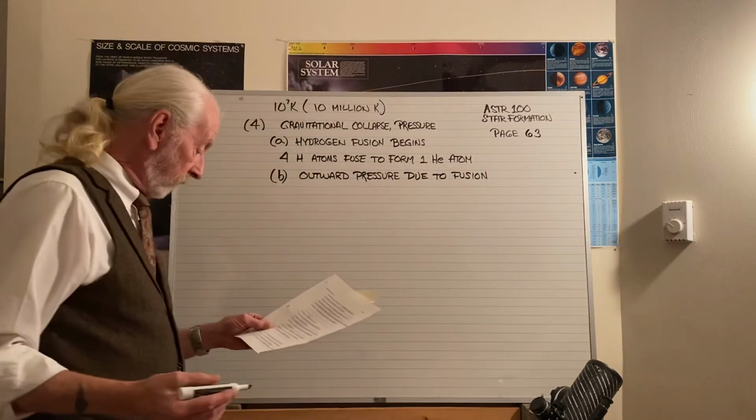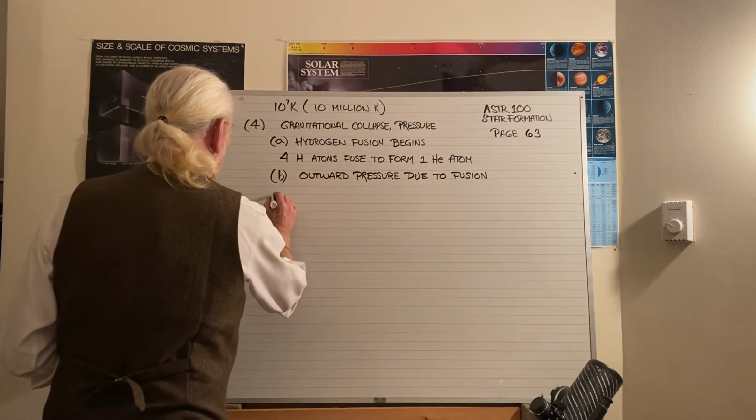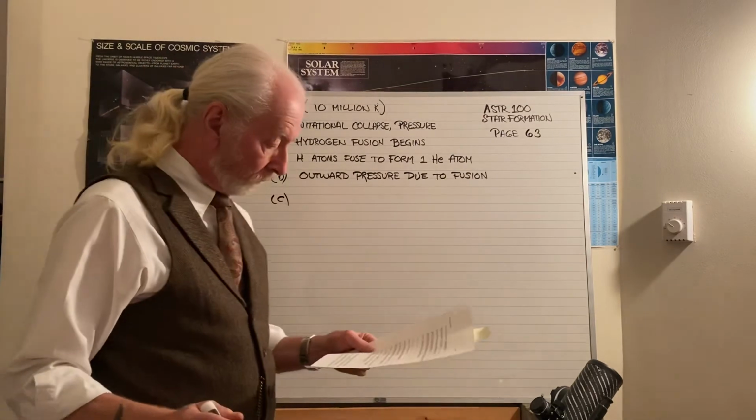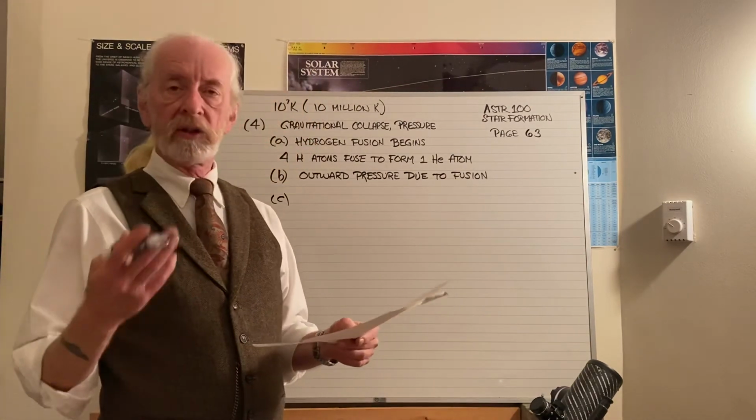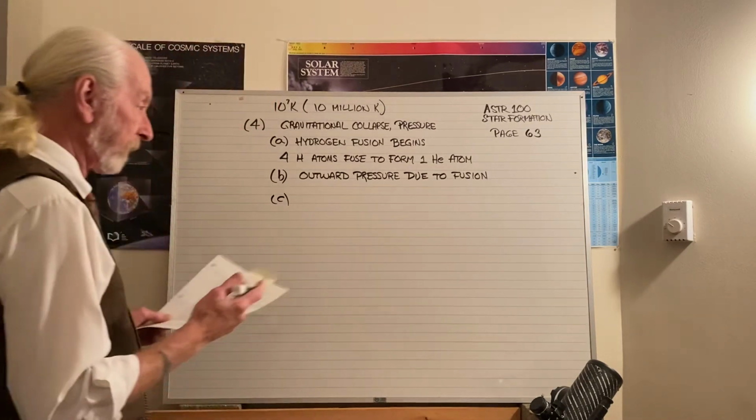The outer shell of gas and dust dissipates and the star becomes visible.